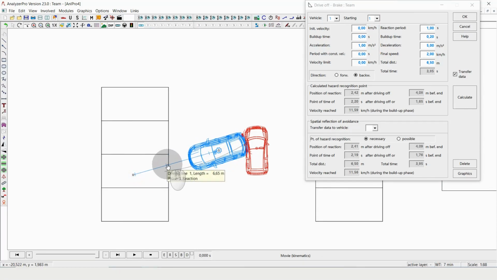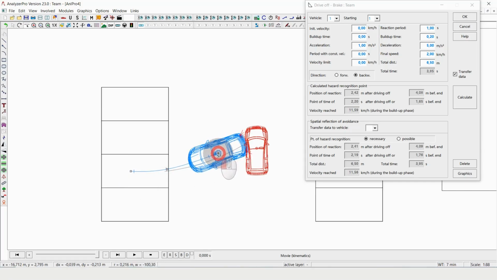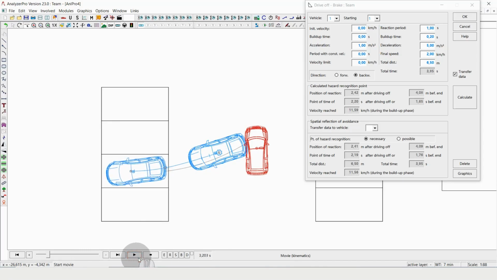Adding another point here, doing something like this. And you can see how easy, oh, maybe I should let it go a bit at another point. So something like this. And you can immediately see how easy we can calculate a full driving process like this.